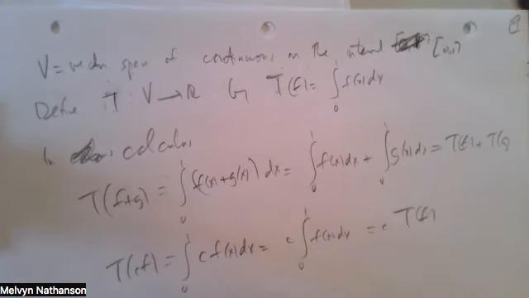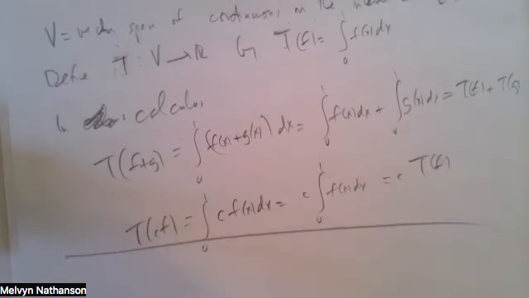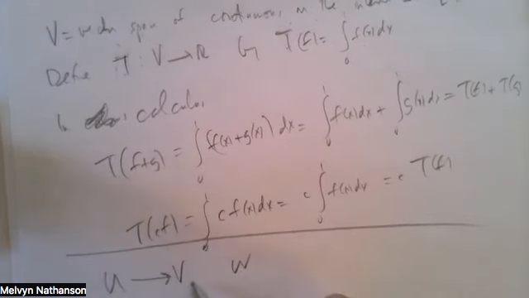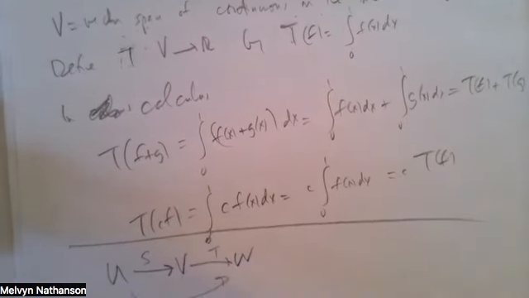Another very important fact is that the composition of linear transformations is a linear transformation. So suppose we have vector spaces U, V, and W. From U to V, you have a linear transformation S, and from V to W, you have a linear transformation T. And you can compose them.